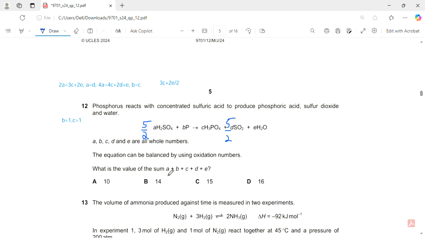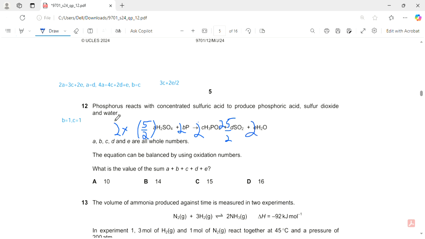So just multiply it by 2 because the fraction will be cleared. Multiply by 2. Alright, you will get the answer. The right hand side is just multiplied by 2 for the removal of the fraction.